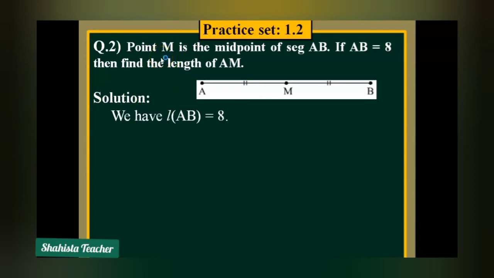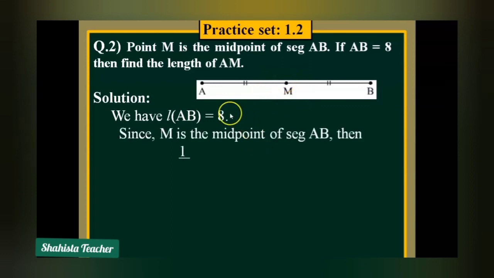So since M is the midpoint of segment AB, then we are calculating length of AM. So how will we get this length of AM? We will write length of AM is equal to half of AB, 1 upon 2 of AB.